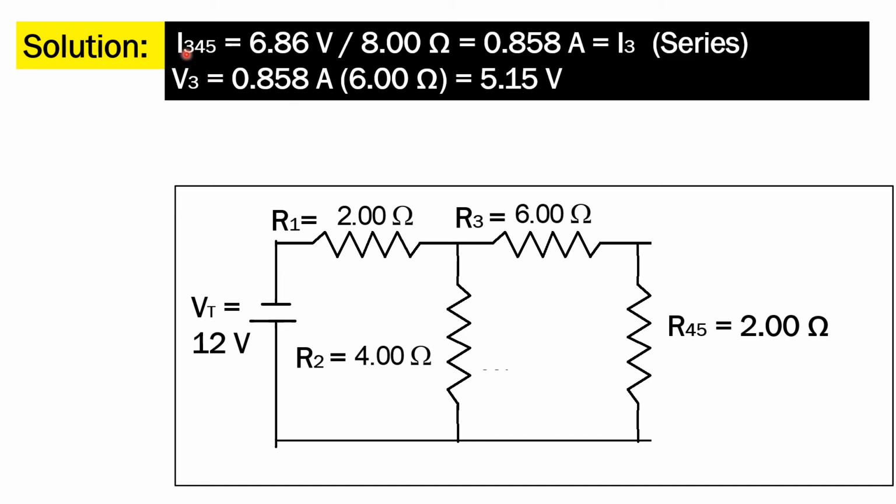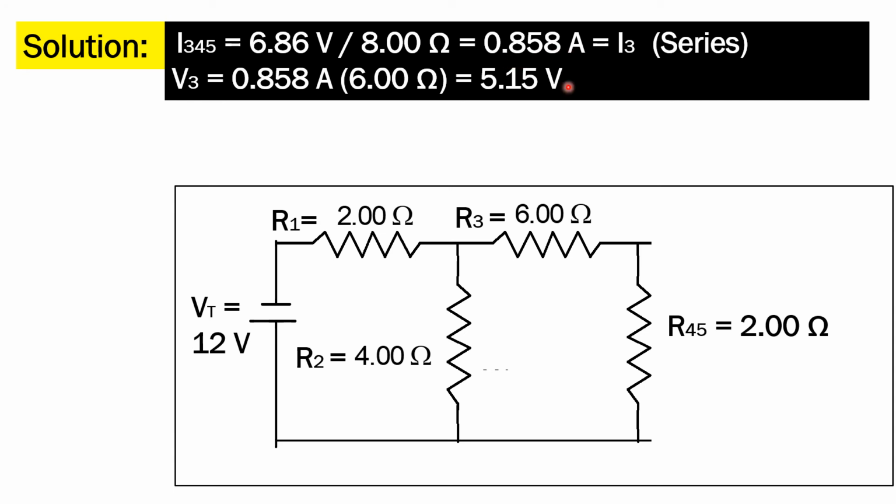I sub 345 was earlier determined as equal to 0.858 amperes because we divided 6.86 volts, the voltage across R345 earlier, by the corresponding resistance, which is 8.0 ohms. That's how we got 0.858 amperes.